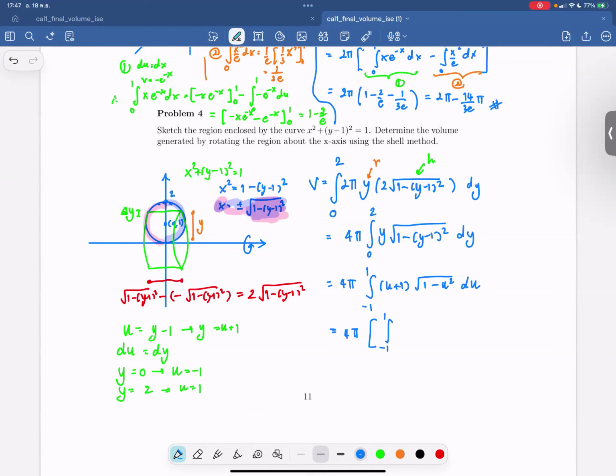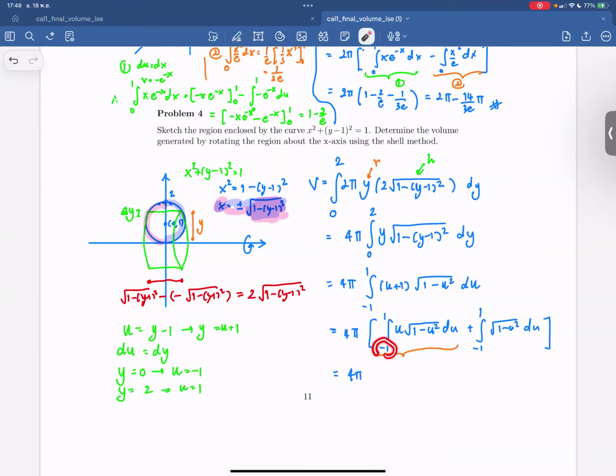Then we separate the integral into two terms: the integral of u times the square root of 1 minus u squared du, plus the integral from minus 1 to 1 of the square root of 1 minus u squared du. You may see that the first term is an odd function, and an odd function integrated from negative 1 to positive 1 is just 0. So the first term will be 0.